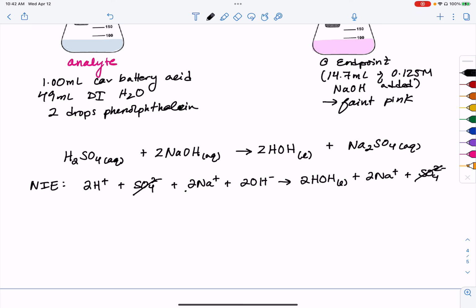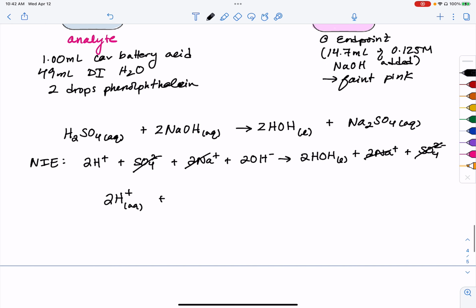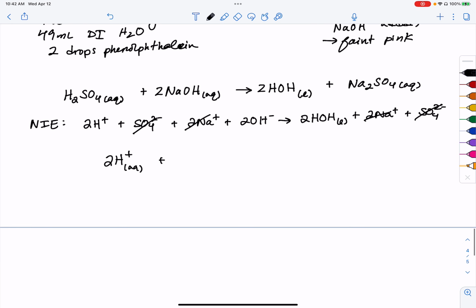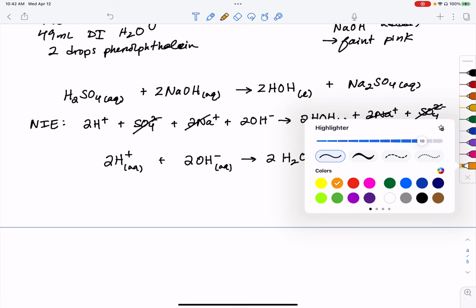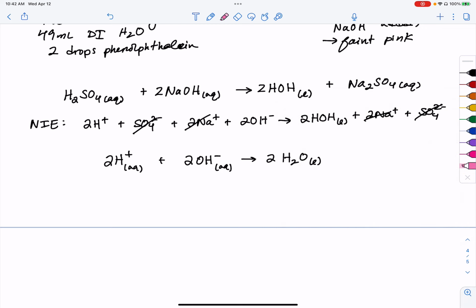Sulfates are spectators, the two sodiums are spectators, so my net ionic equation, oh good, this has a 1-to-1 reaction of acid and base to form two liquid waters. So this is my recipe, this is my net ionic equation. This is going to give me my mole ratios.